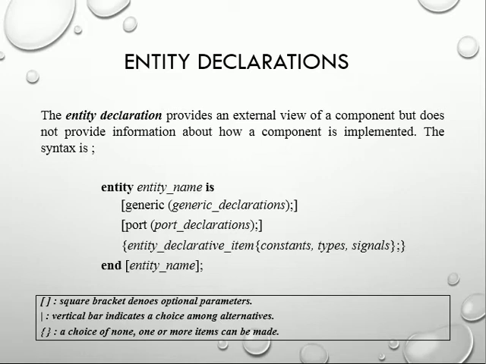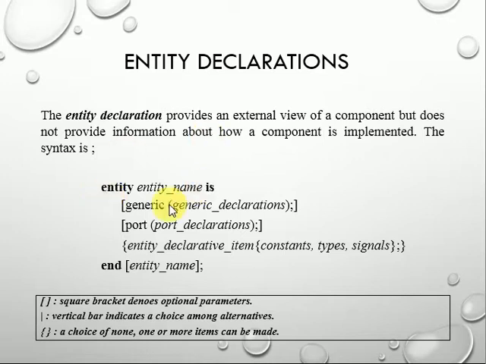So the syntax is, first of all we need to write the keyword entity, which will be followed by the entity name. This entity is the keyword of VHDL programming.